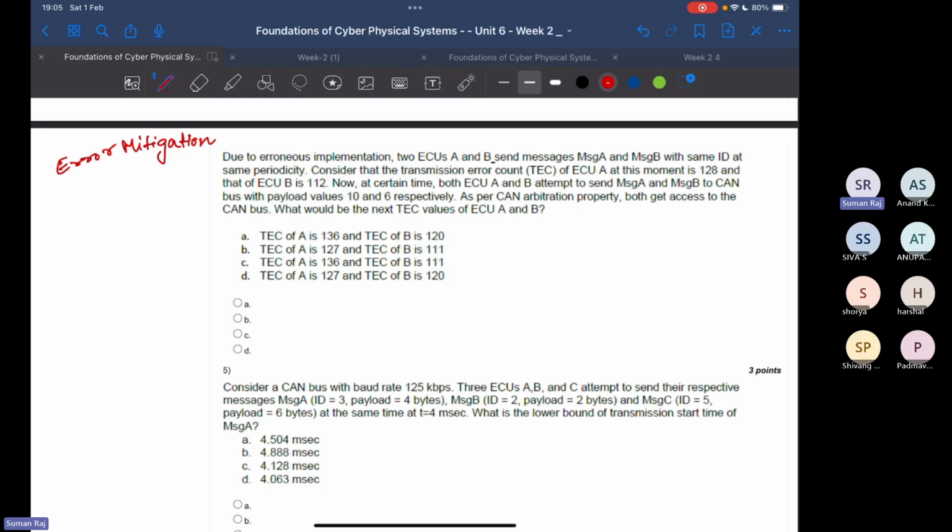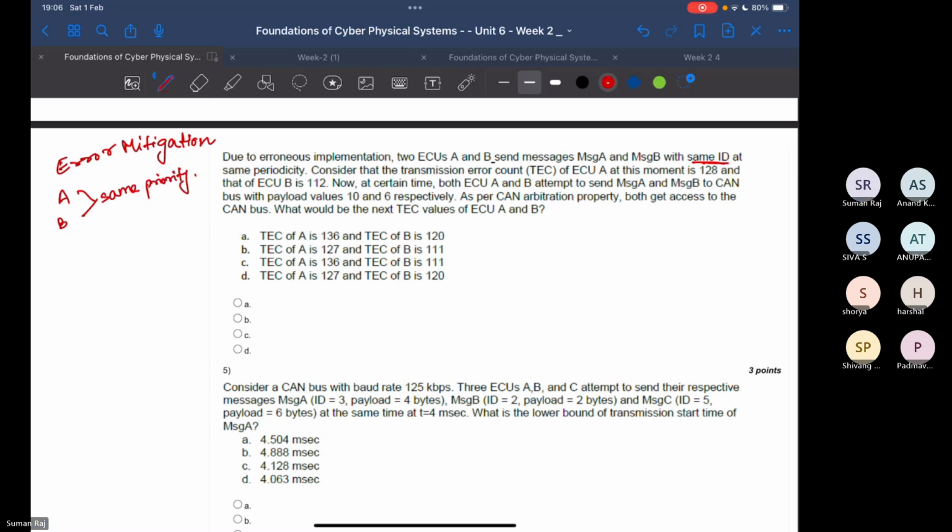So we have these two ECUs A and B sending messages with the same ID. And over here in the error mitigation, sometimes if you have a lot of messages, you need to decide your priority. And if you have a lesser ID, that gets a higher priority. Okay. So since over here you have the same ID, A and B both have the same priority.